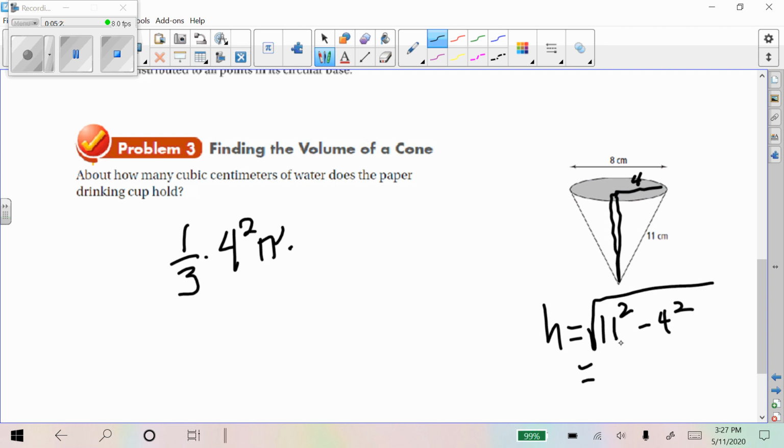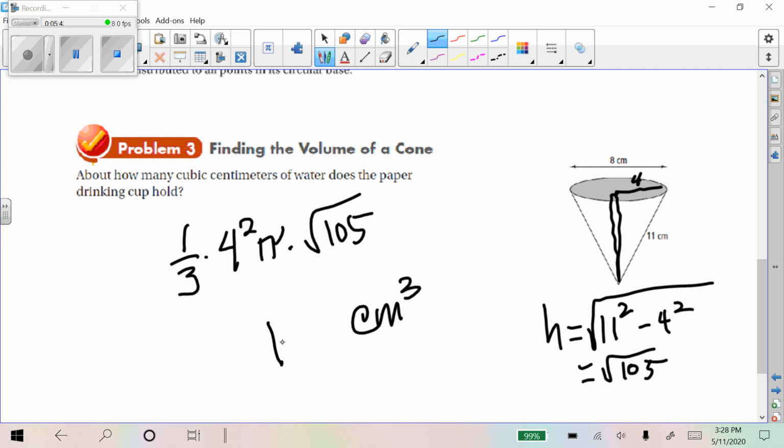And that's 121 minus 16, which is the square root of 105. So we'll put that there. And we just need an approximate answer, so we're going to do this to the nearest whole cubic centimeter. And my calculator tells me that's about 172 cubic centimeters. All right.